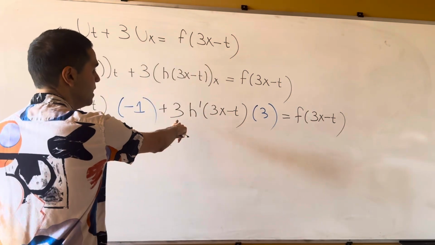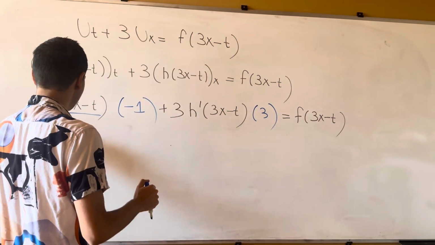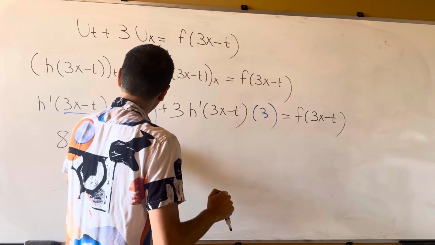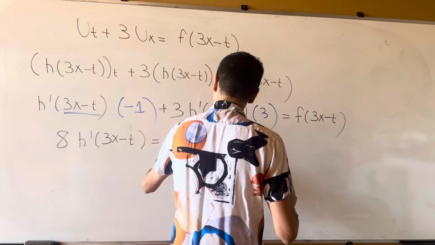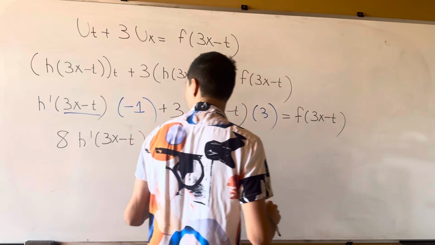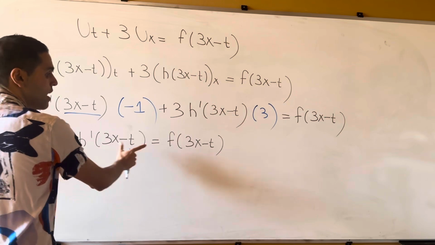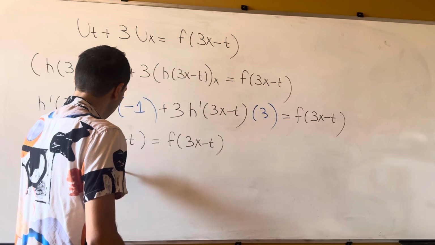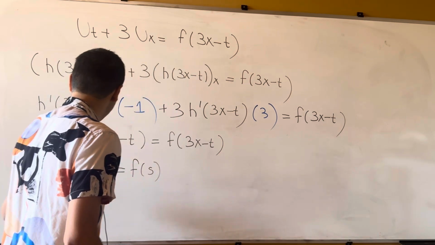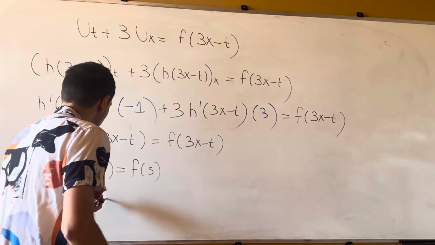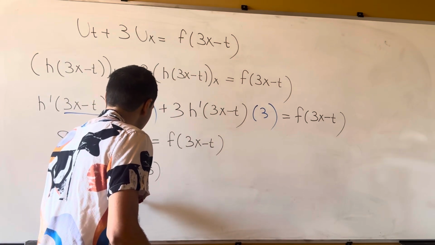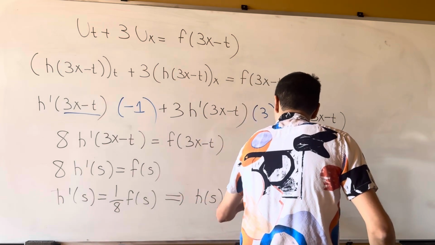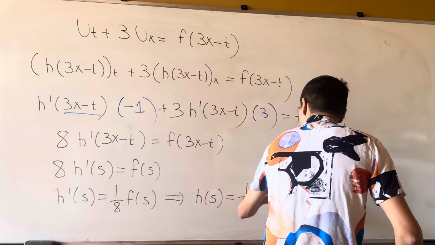And so combining, here we have 9, we have minus 1, so 8h'(3x − t) is f(3x − t). And essentially, this variable is arbitrary, so we get 8h'(s) = f(s), so h'(s) is 1/8 f(s), and so the function h is just 1/8 times capital F of s.